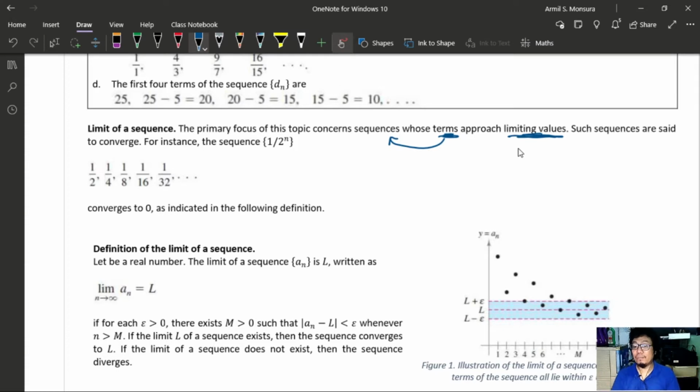And that value they are approaching is that limiting value, or what we call the limit of that sequence. Say for example you have 1/2, 1/4, 1/8, 1/16, and so on.